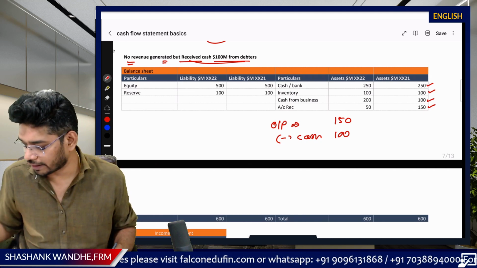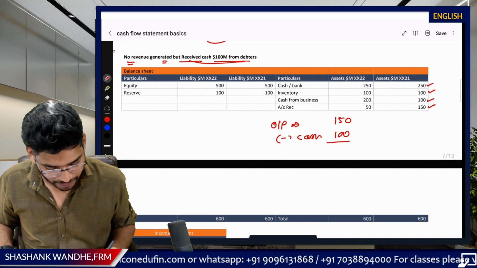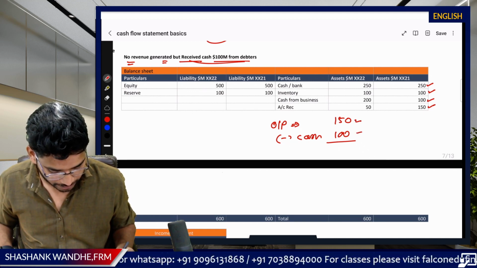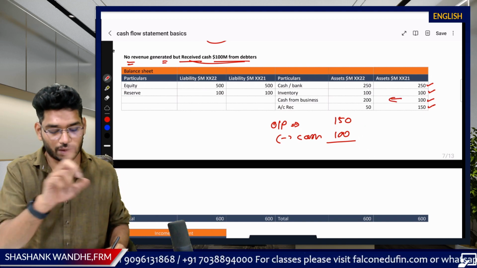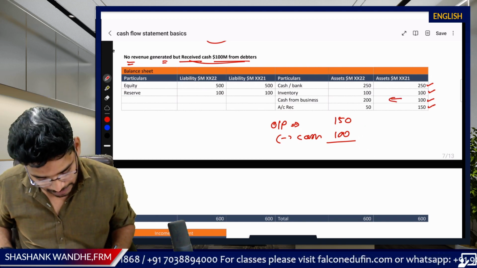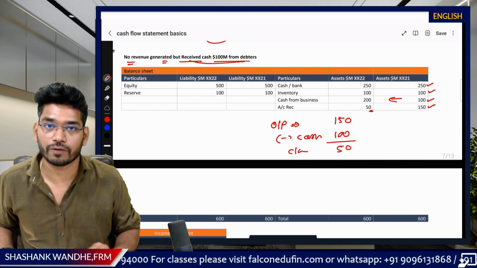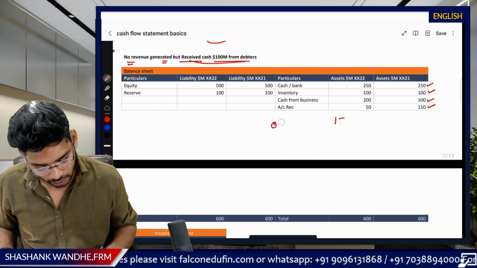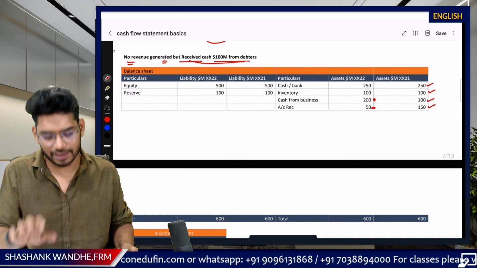So our cash will increase. Just see this, cash increased from 100 to 200, and closing is 50. This is your closing of 50. Simple. No business conducted in this particular part. So only two changes here. The first change is here, second change is here. Rest of the part is the same.